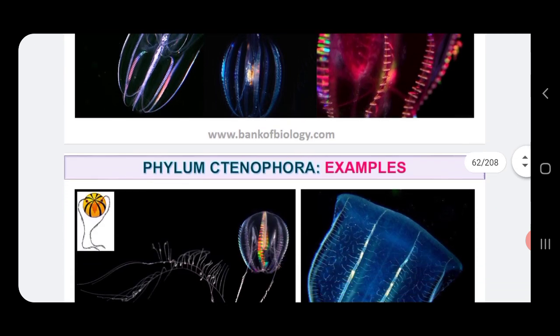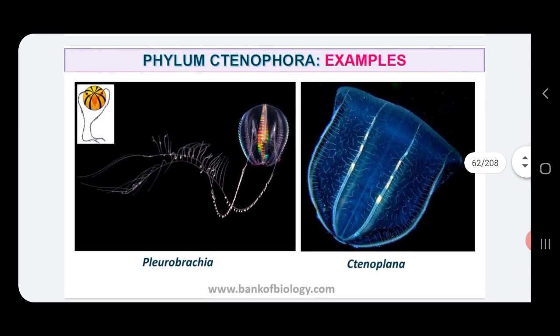Examples are Pleurobrachia, which they have shown, and another Ctenophore, a bell-like structure that you have seen. So this is all about phylum Ctenophora, which are also known as sea walnuts or comb jellies.